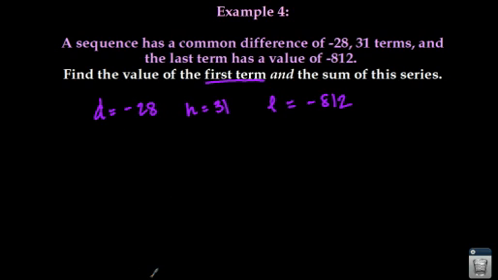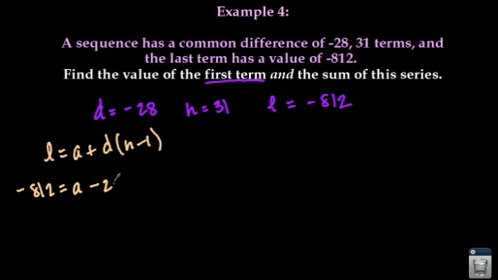So we do have to do this problem in two parts. So we're going to say this, L equals A plus D times quantity n minus 1. So in this case, L is negative 812. We don't know A, so we're going to leave A as A. D is negative 28 times 31 minus 1.